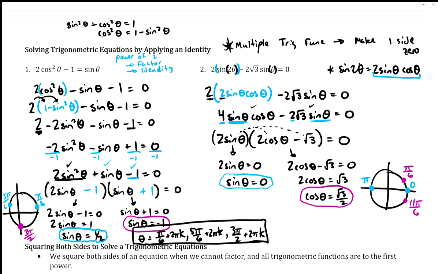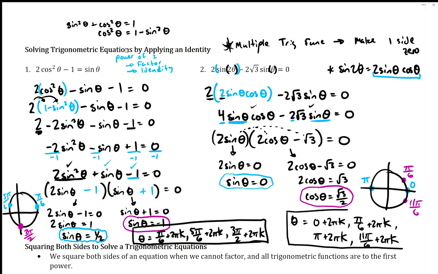Those are our 4 answers going around the circle. We would have theta equals 0 plus 2 pi k, pi over 6 plus 2 pi k, pi plus 2 pi k, and 11 pi over 6 plus 2 pi k. And there they all are.